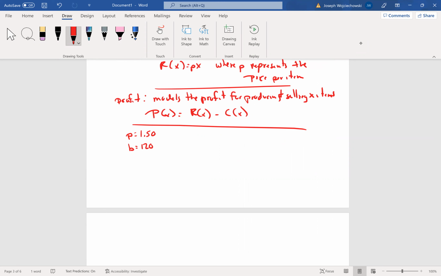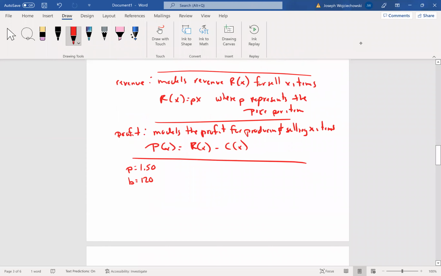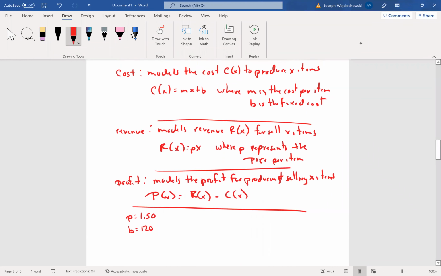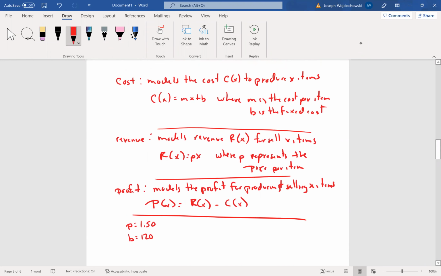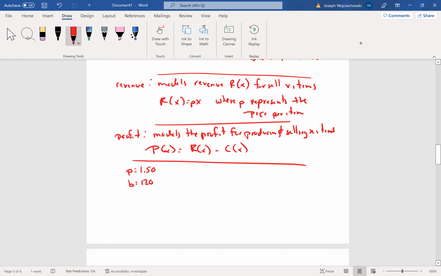Furthermore, the vendor knows that the lemons, sugar, and cups collectively cost 40 cents for each cup. So that's our cost per cup, which is M. So M is 40 cents.